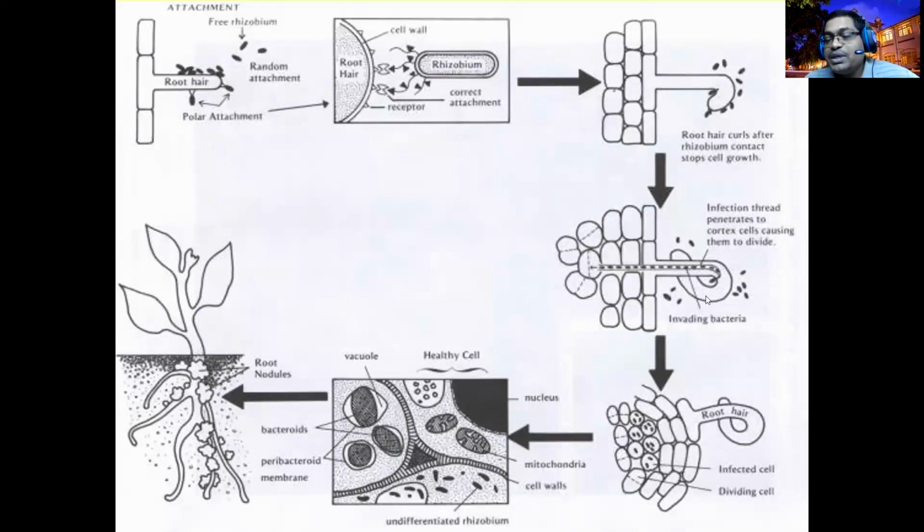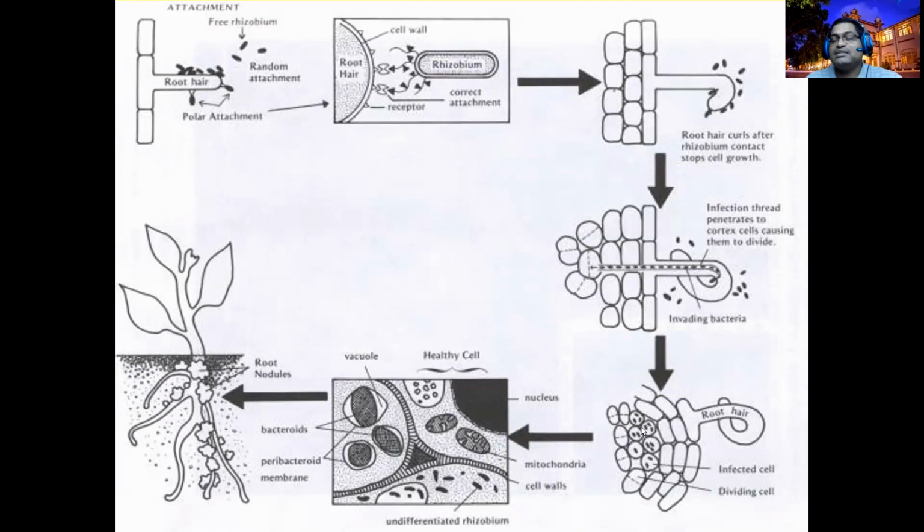Once it has penetrated into the epidermal cells and then the cortical cells, finally in the cortical cells, it will try to control the root in that area. So the curling is modified into a gall. This bacteria finally from the root hairs will reach the cortical cells. In the cortical cells, the bacterial NIF genes will be activated.